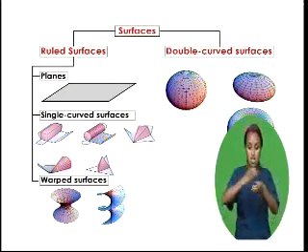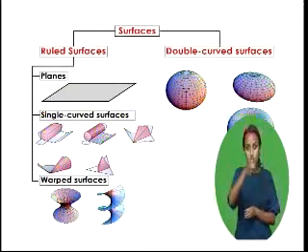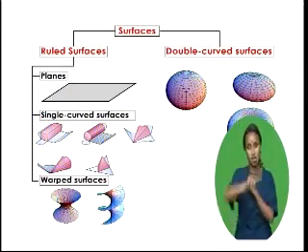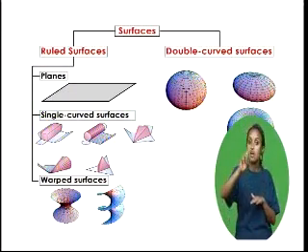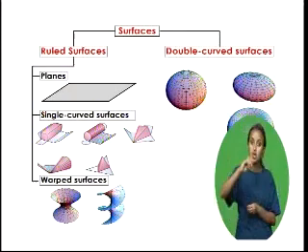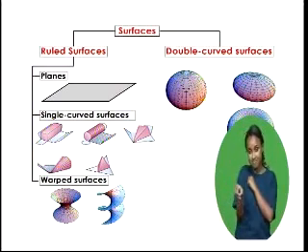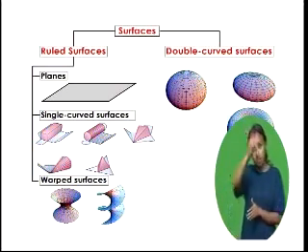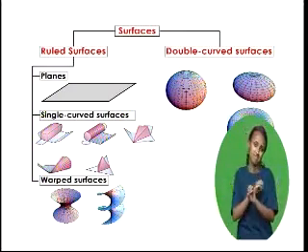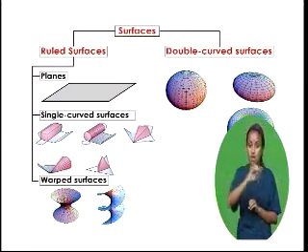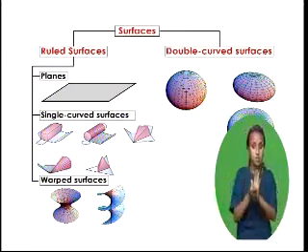Cylinder and cone are examples of single curved surfaces. Wrapped surfaces include helicoid and hyperboloid. Double curved surfaces are generated by a curved line and thus have no straight line elements. A sphere and torus are examples of double curved surfaces.